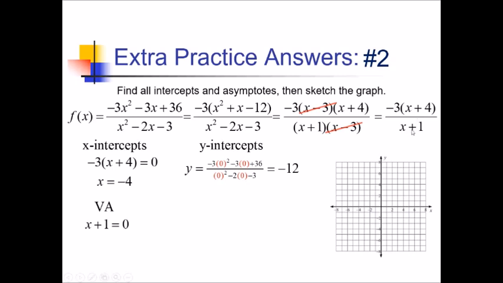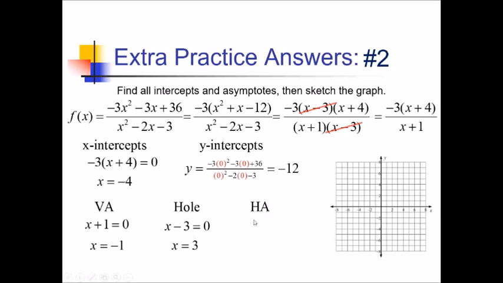It's going to make the simplified fraction undefined. So x equals -1 is a vertical asymptote. For holes, those are going to be things that make the original function but not the simplified function undefined. So whatever zeroes out this x minus 3 that we canceled out is going to be the x value of the hole. So if we add 3, we have x equals 3 as the x value for that hole.